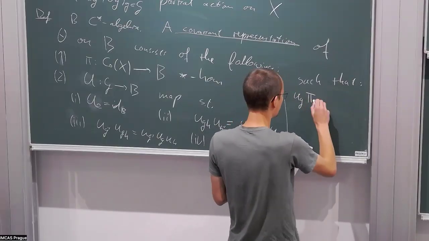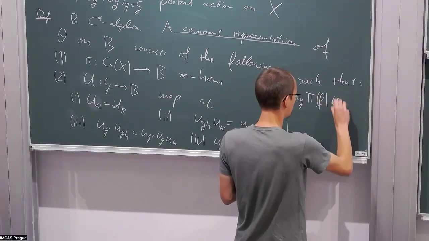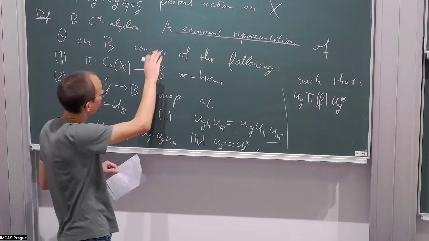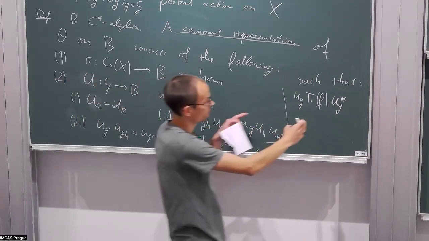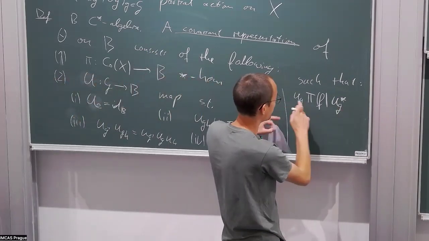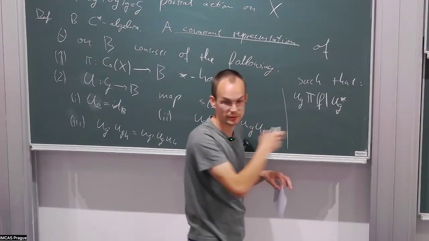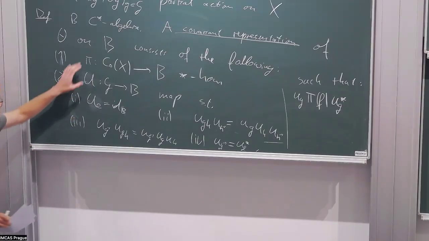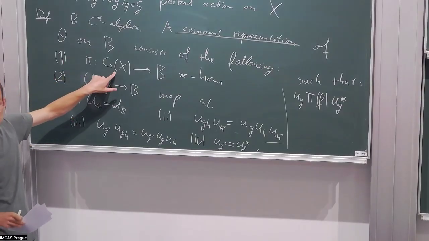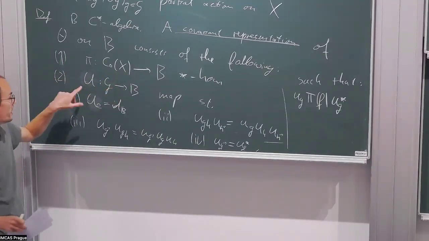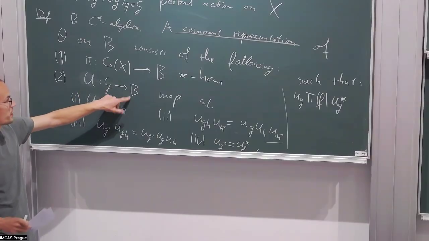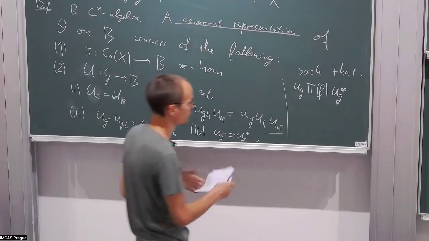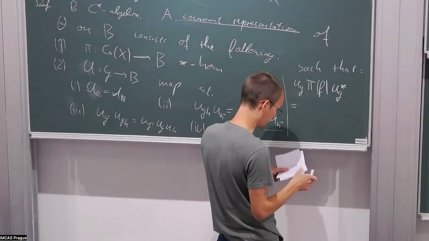So basically what we want is that inside B, multiplying with UG and UG star implements the action, right? So far, I have not mentioned the action at all. This is just some star homomorphism from C0 of X to B and some map from G to B. But of course, in order to have anything to do with the action, we need to impose some sort of relation, and it's exactly this.